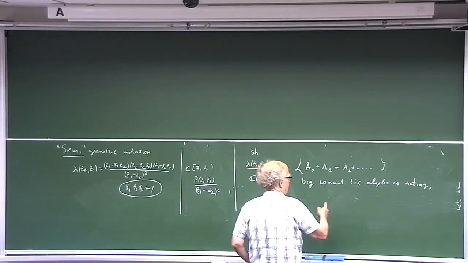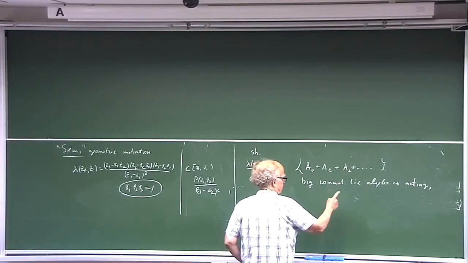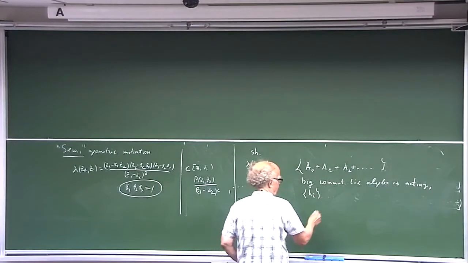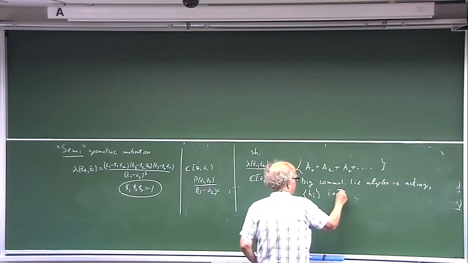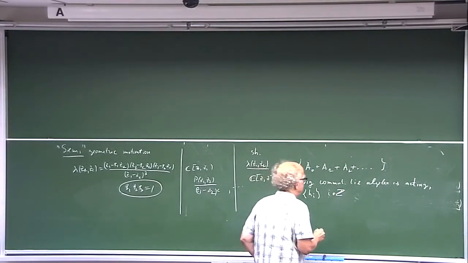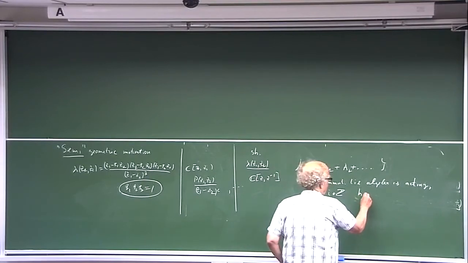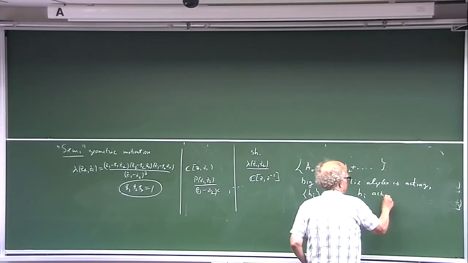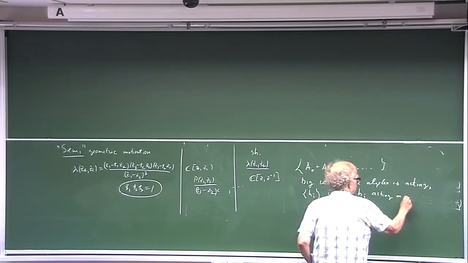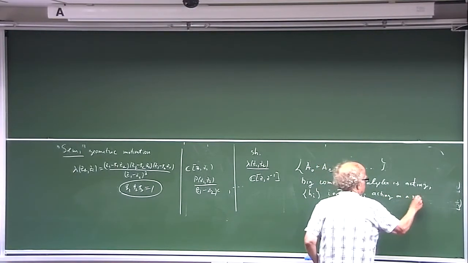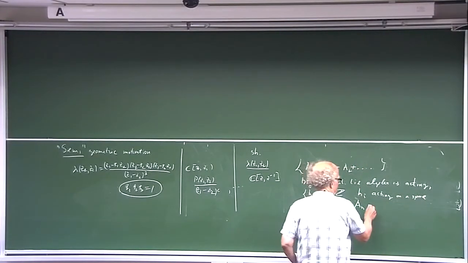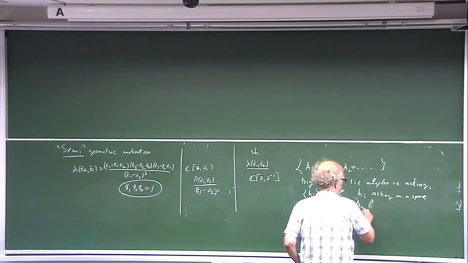This Lie algebra is an infinite dimensional Lie algebra. It has the basis Hi, i belongs to C, and Hi acts on a space An in the following simple way.